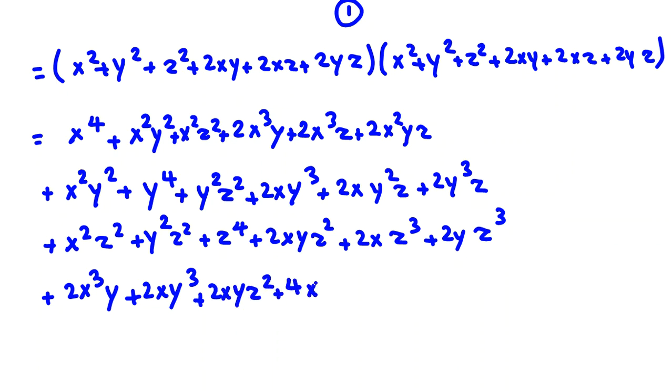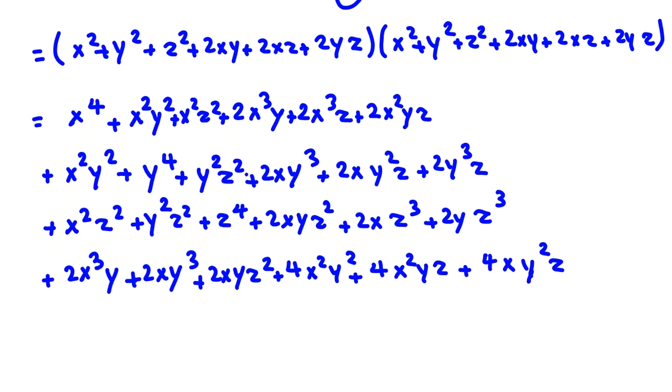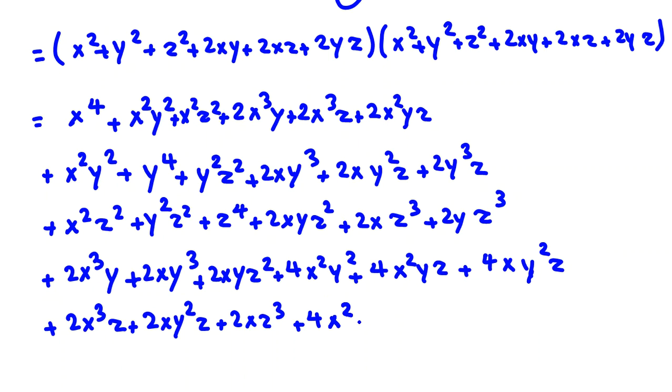The next term will be 4x squared y squared plus 4x squared yz plus the last term 4xy squared z, and then 2xz. 2xz will be here what? 2x cubed z plus 2xy squared z plus 2xz cubed plus 4 this one, x squared yz, and plus 4x squared z squared plus 4 this one.